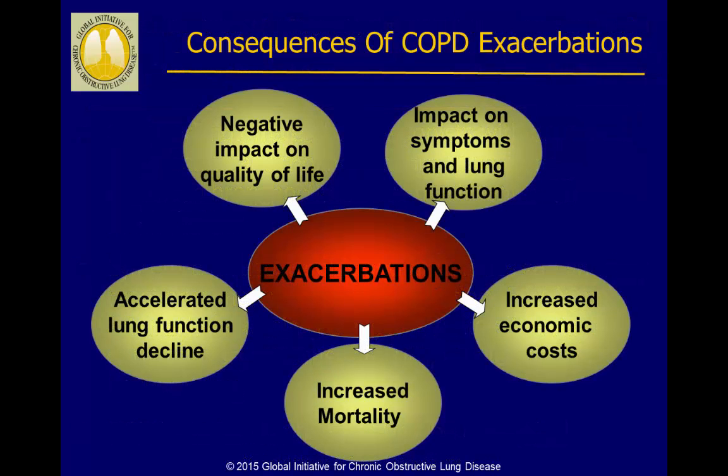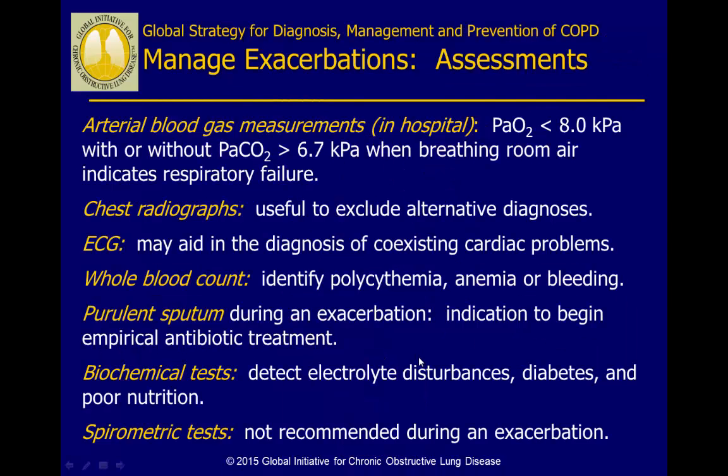So consequences of COPD exacerbation, of course, it has a negative impact on quality of life, on lung function, on economic cost, and mortality as well. So what do you do in exacerbations? The same way you do in any type of asthma exacerbation or for diagnosis. In the hospital, you do an ABG, right?